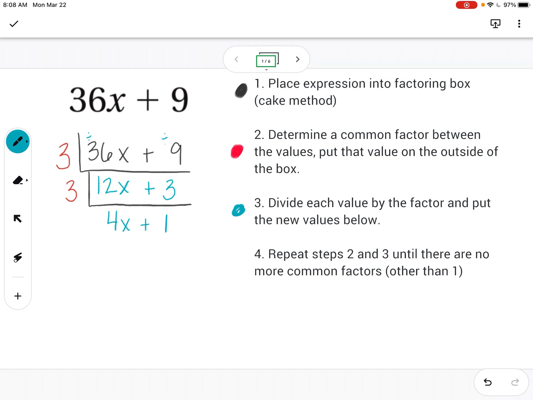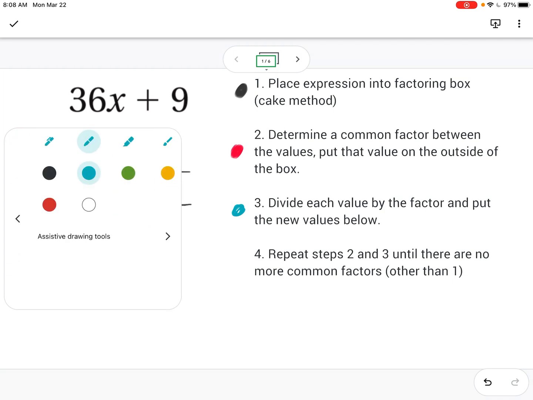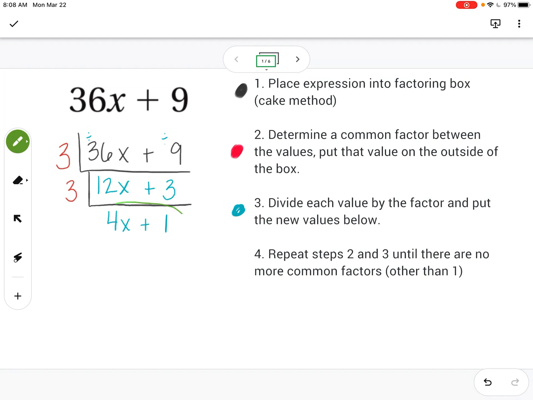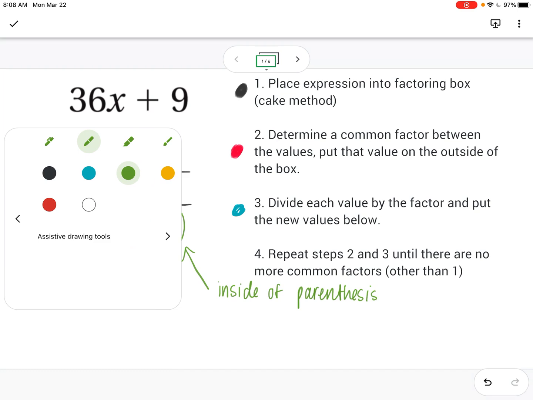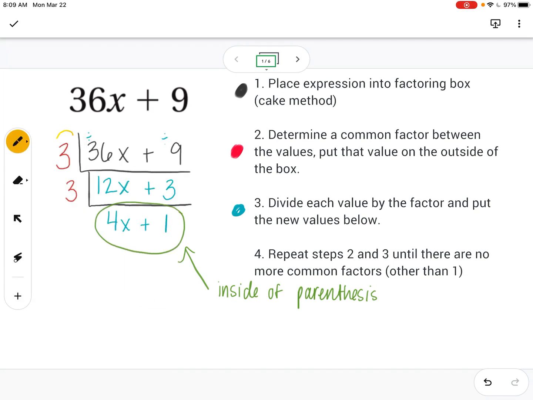And now I ask myself, do these have a common factor? And they do not have a common factor. So if they don't, this is the final step. Then this expression at the bottom is going to go inside of your parentheses. And then the product of your vertical column, that's your greatest common factor, is going to be your outside of your parentheses.